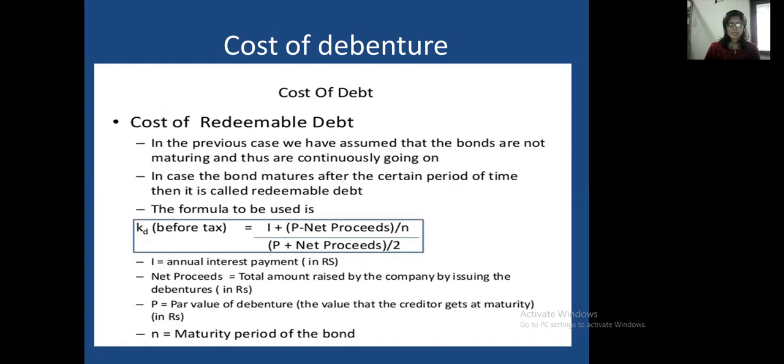The debt which we have to redeem is redeemable debt. So how is redeemable debt calculated? Kd before tax equals (I plus (P minus net proceeds) upon N) upon (P plus net proceeds) upon 2. I equals the annual interest payment. Net proceeds equal the total amount raised by the company by issuing the debenture. P equals the par value of the debenture, and N equals the maturity period of the bond.